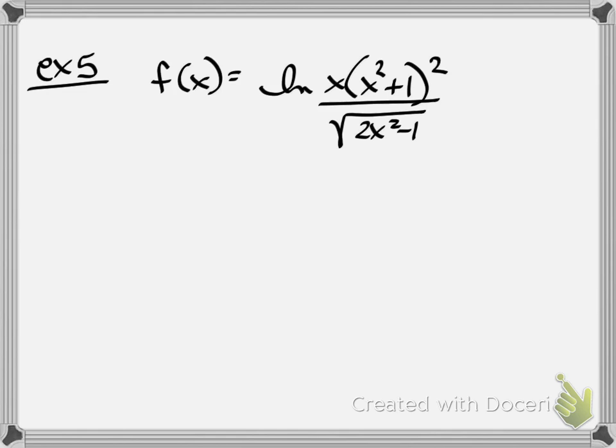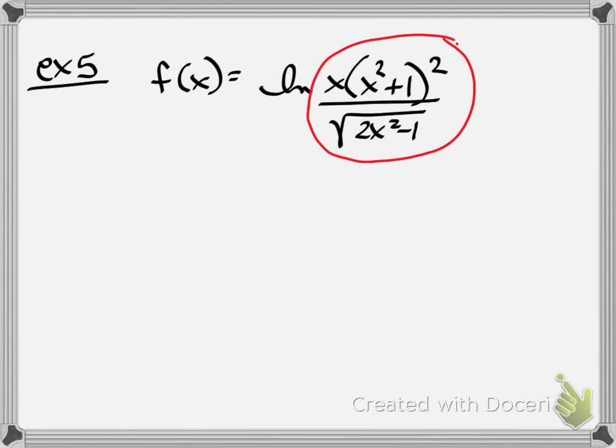Wow, that is a lot. But it's the natural log of all of that stuff. That means we're going to be able to do a lot of expanding to make this nicer, rather than jumping in and calling all that u and then having a big difficult quotient rule problem to do.